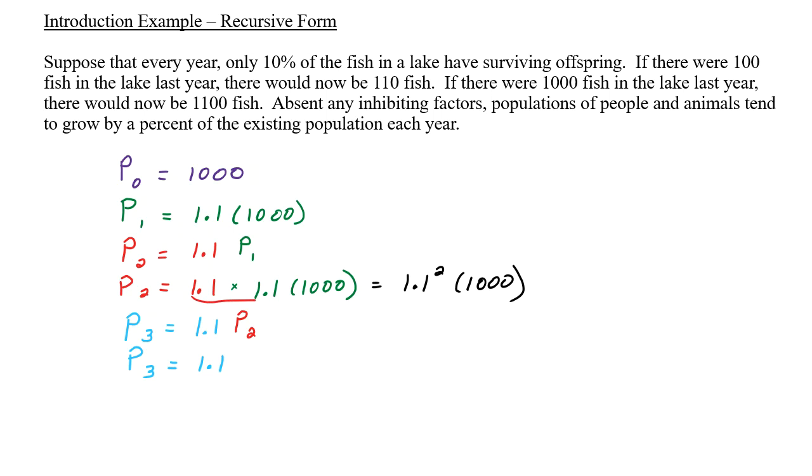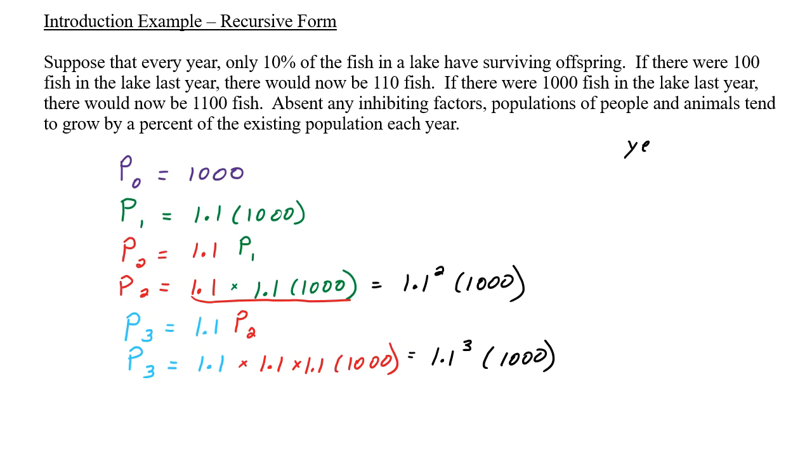So all of this is P2. So we're going to take 1.1 times 1.1 times 1.1 times 1,000. So really what we're doing here is taking 1.1 times itself 3 times to get to this number.